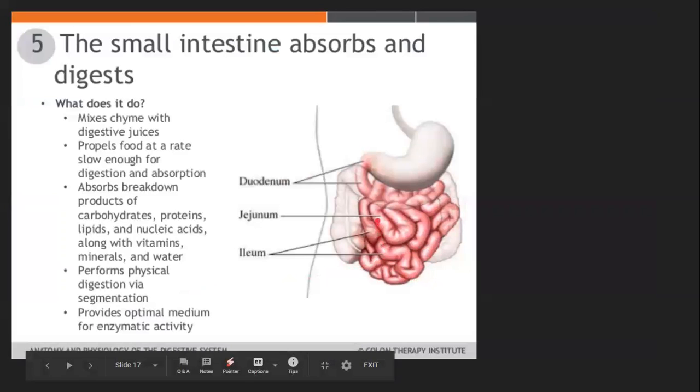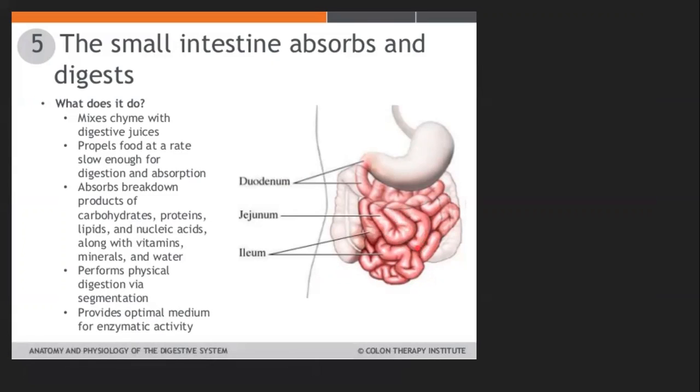Well, first of all, they are also lined by muscles. This is not skeletal muscle, the same way as the biceps and the lats and all those kinds of things that you can actually move. These are smooth muscles. So the small intestine breaks the food down again and again using these muscles. It takes that chyme that came from the stomach and continues to break it down using the physical process.